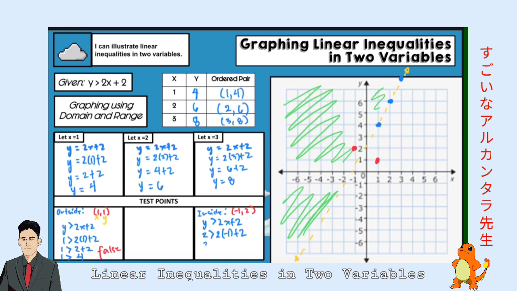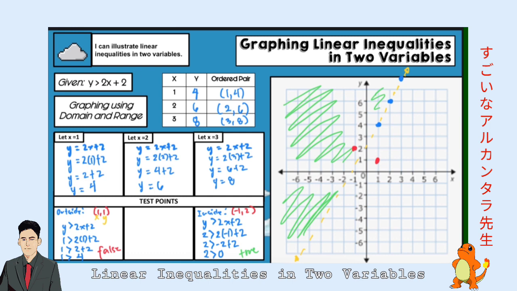So 2 will be then greater than -2 plus 2. Then 2 will be greater than 0. So this is actually something that we all know is true. So 2 times -1 is -2, add that to 2, you get 0. 2 is greater than 0. That is true. So as you can notice, it is inside the shaded region.